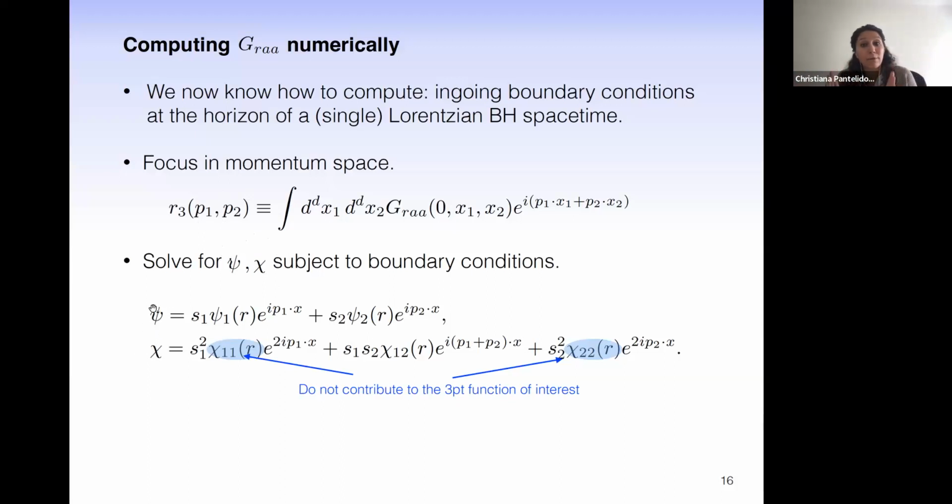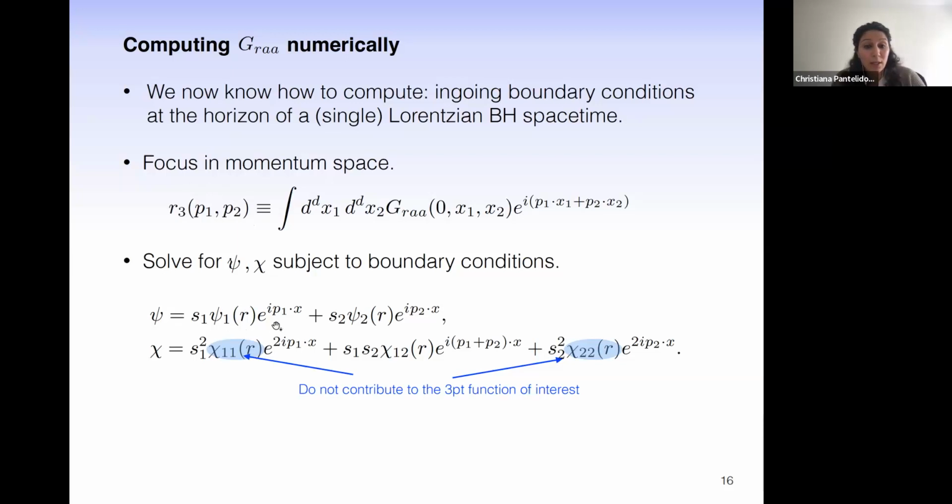Remember, here we only have one single segment. So psi and chi do not carry an index here. It's not a piecewise geometry, it's just one single piece. But we can expand in terms of plane waves.